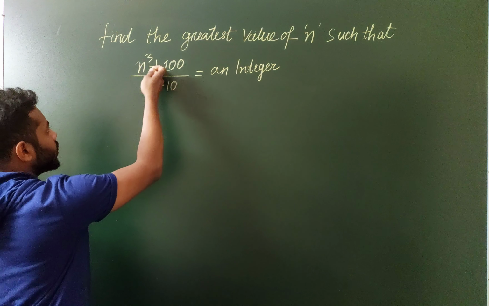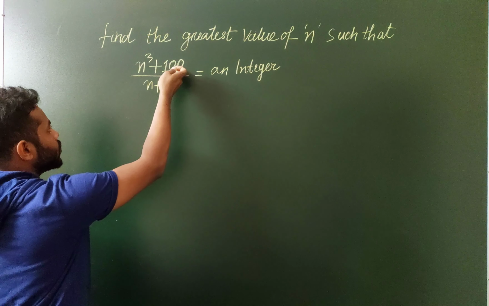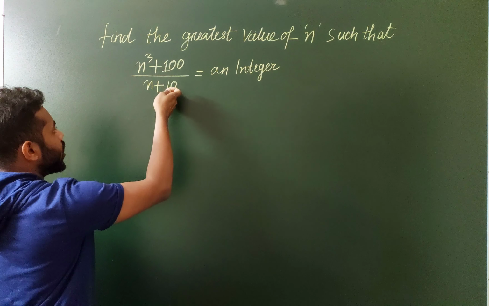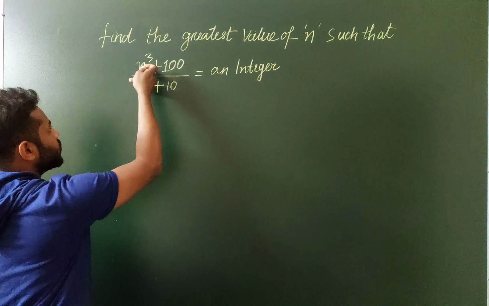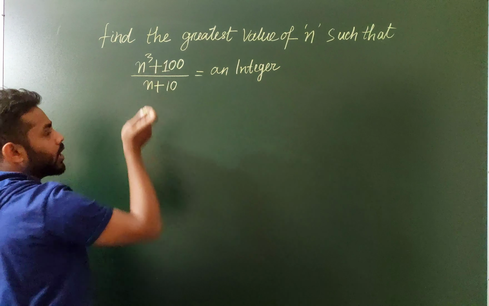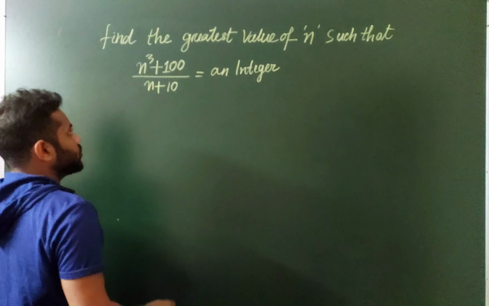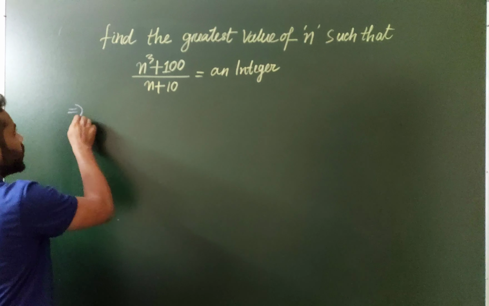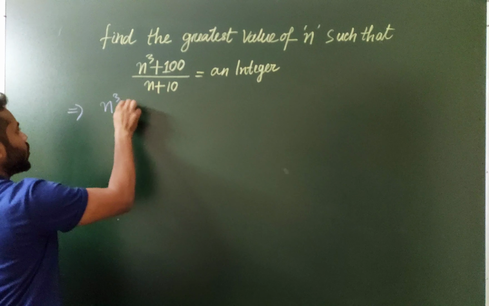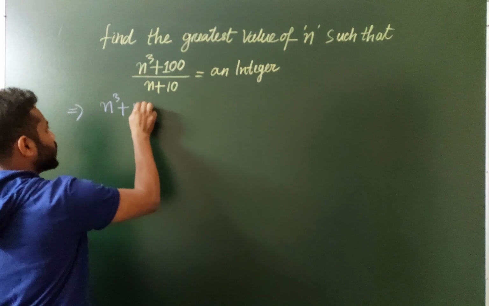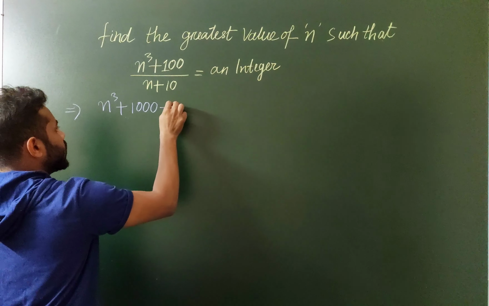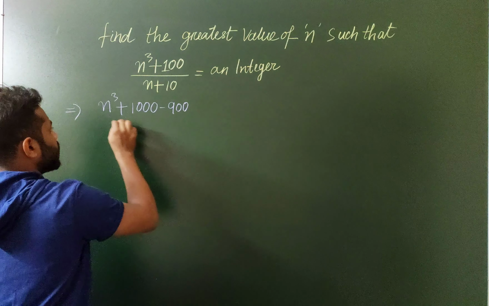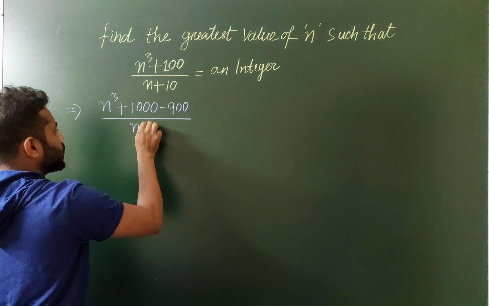Let's first convert. We have n cube here, so let's convert 10 to 10 cube, that is 1000. So let's make the numerator n cube plus 1000 minus 900, divided by n plus 10.